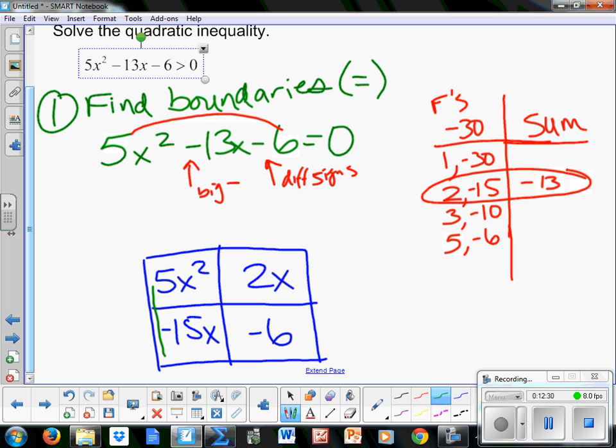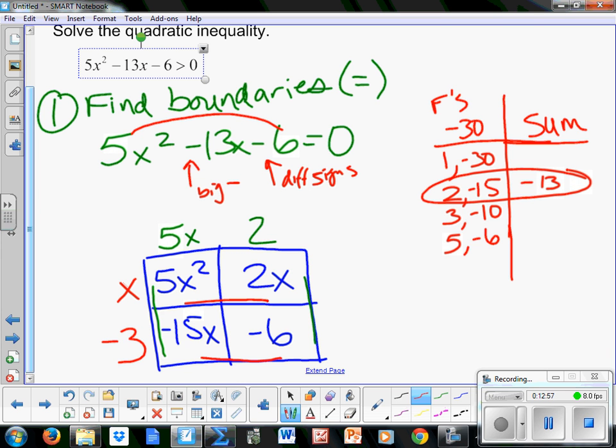The factor of 5x² and -15x, I got a 5x. The factor of 2x and -6, I got a 2. Factor over from this row, 5x² and 2x, I got an x. And factor here, I got a -3.